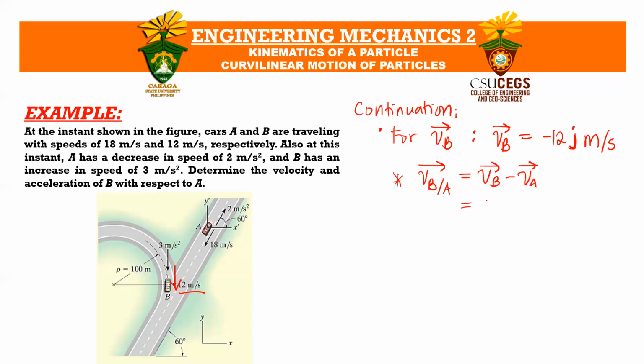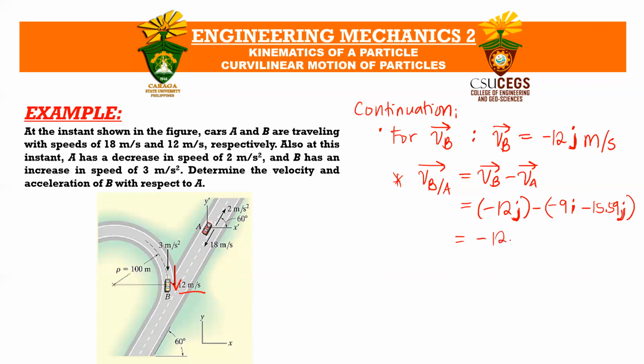So your v sub b would be negative 12j minus your v sub a, which is equal to negative 9i minus 15.59j. So we can distribute the negative for negative 9i and negative 15.59j.